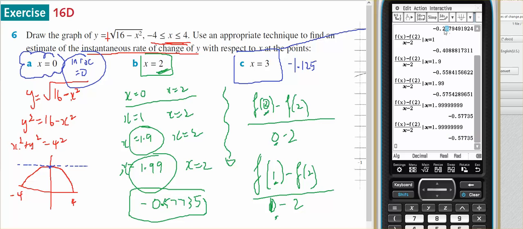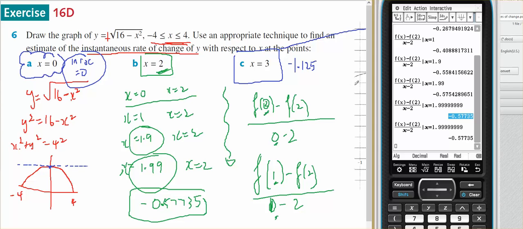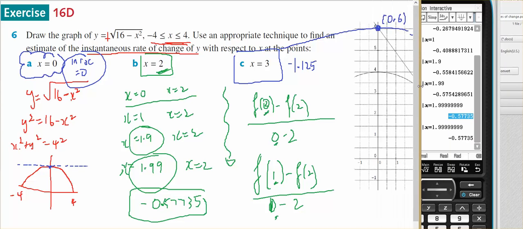I was negative 2.7, then I got negative 0.41, negative 0.558, and then we honed in on negative 0.57735. So this method is a method of estimating instantaneous rate of change given chords.